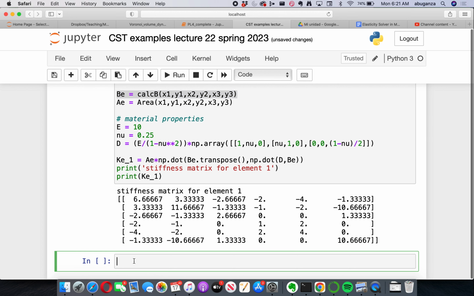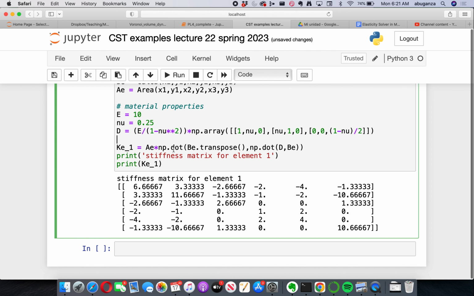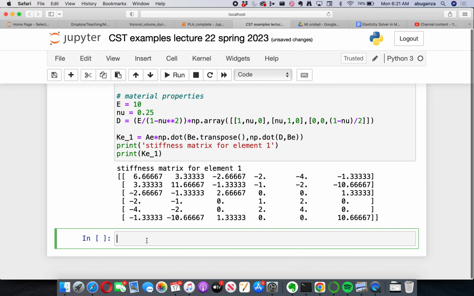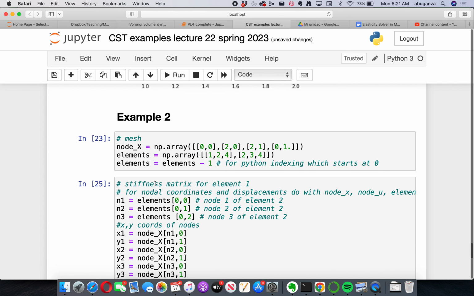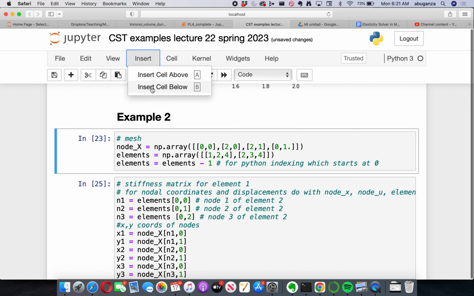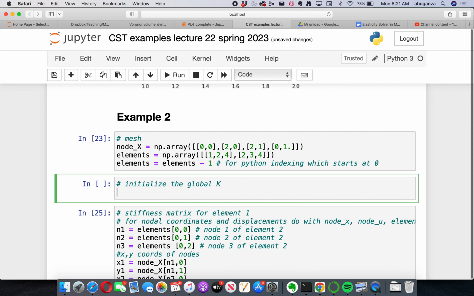That's it. We need to do the same thing for element 2. But before we do that, we'll do the assembly. Because this is the first time that I'm introducing this, I'll initialize the global K here.